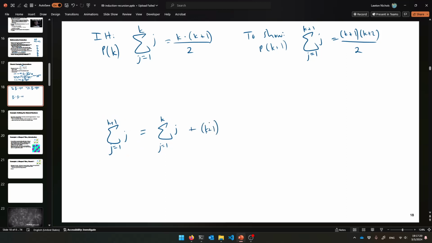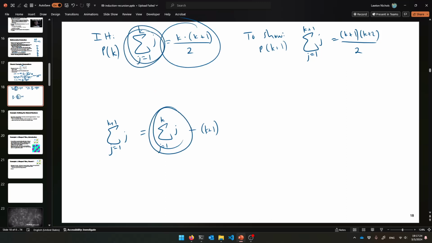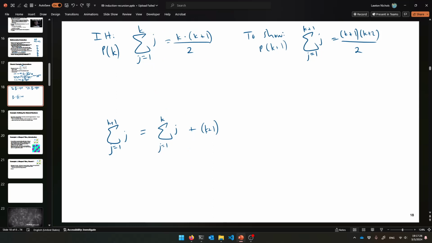See the magic in that? So now I have this that looks like this, and I know what that's equal to. I'm assuming that's equal to that. All right, so let's replace. Using the inductive hypothesis now to replace this with what I'm assuming it's equal to. This is equal to k times k plus 1 over 2 plus that extra k plus 1 here.